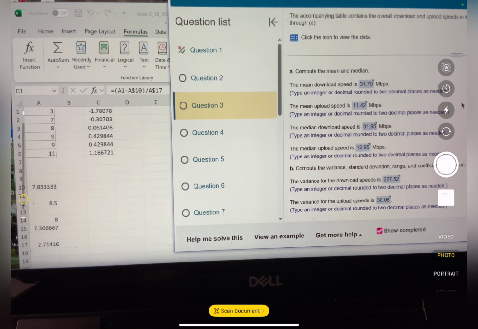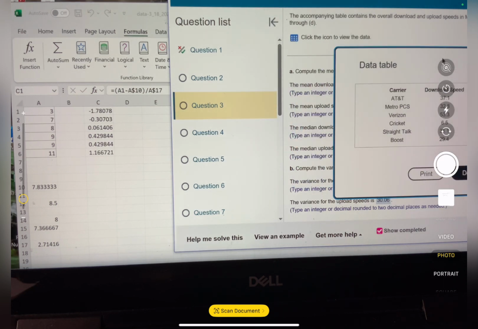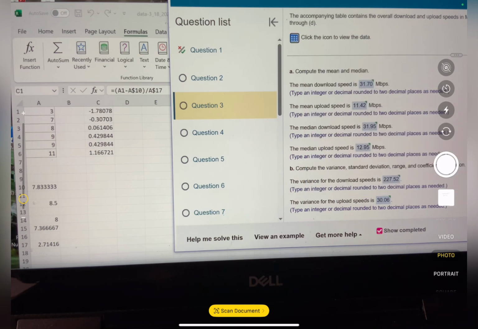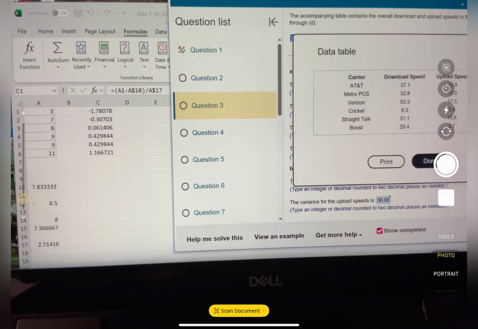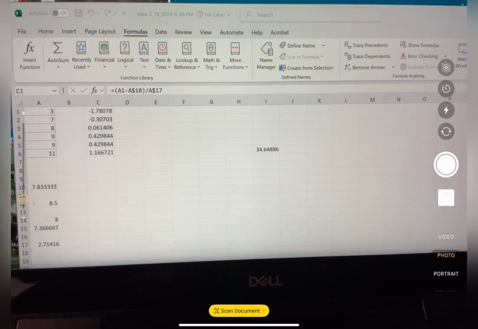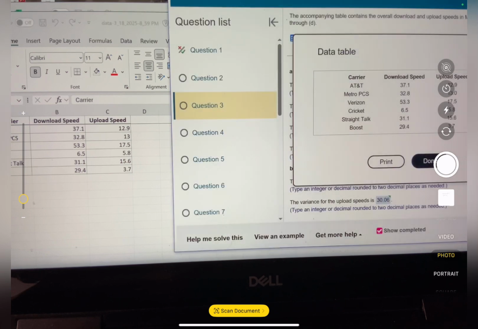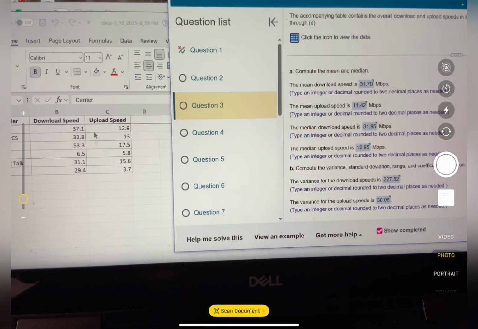All right, so we're going to do the same thing. So download speed. Here, download speed, upload speed. Looks like for carrier, yeah. All right. In Excel. Here we have it. And the same thing you're going to do with download speed and upload speed.